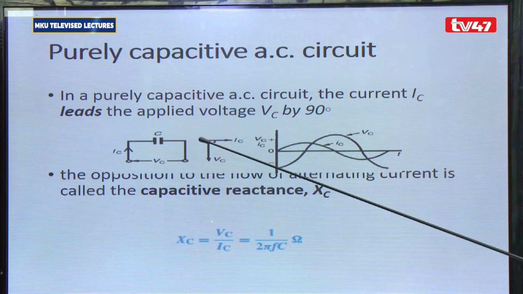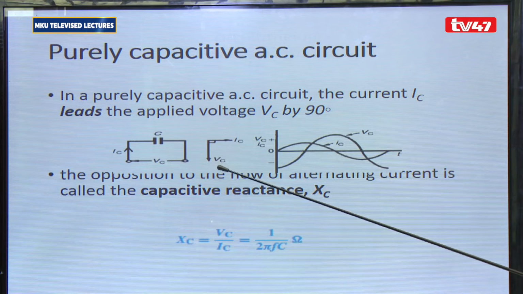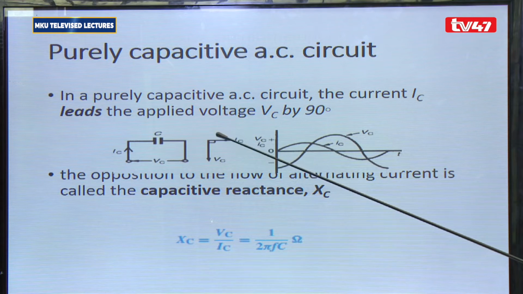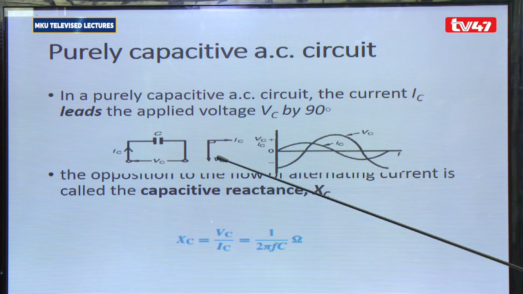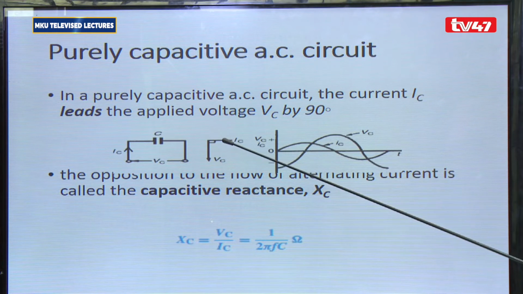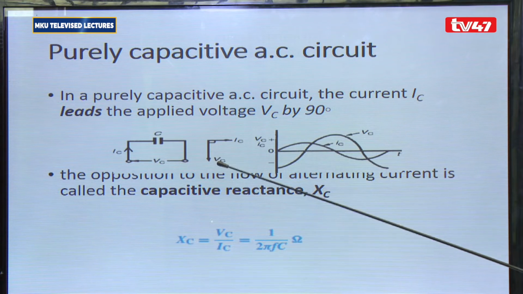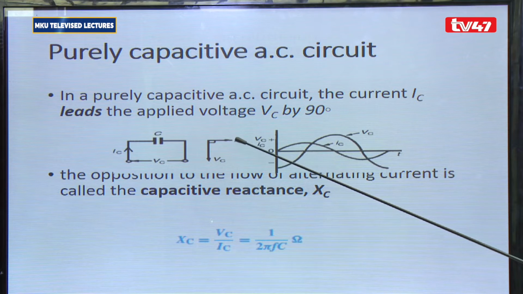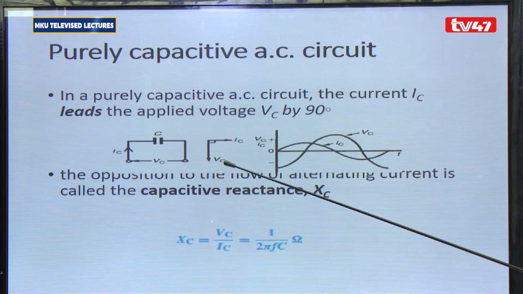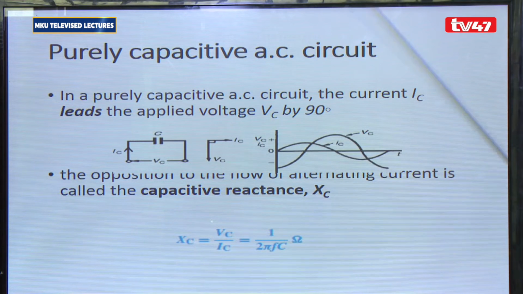Again, the current and the voltage across the capacitor are not in phase, but out of phase by an angle of 90 degrees. The current is leading the voltage, because we take the anti-clockwise direction to be the forward direction, so I is ahead of VC, and therefore we say current is leading the voltage.